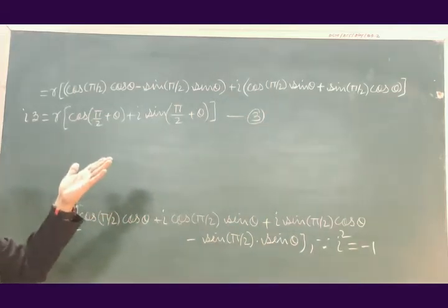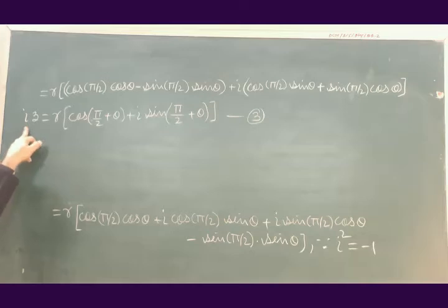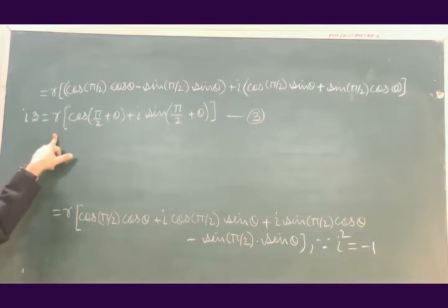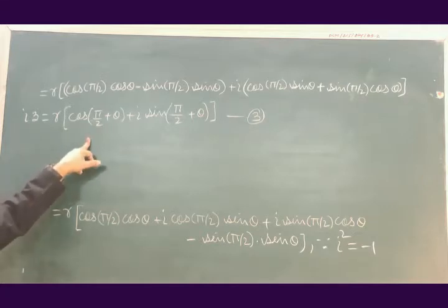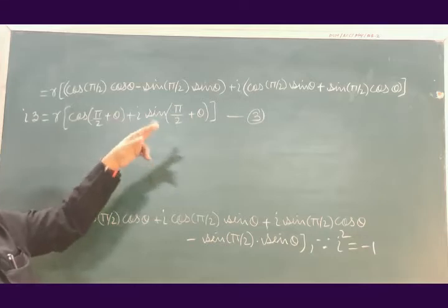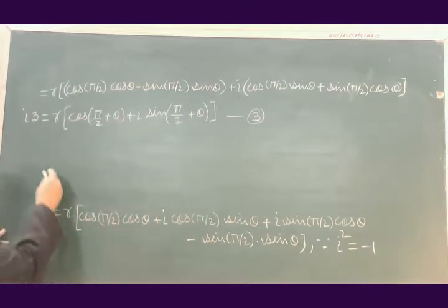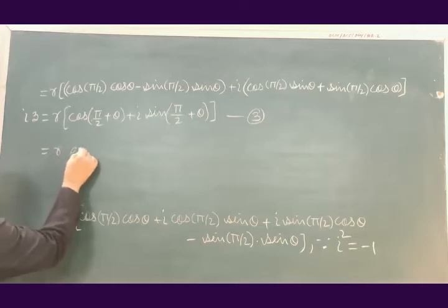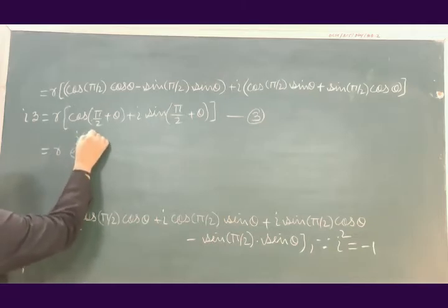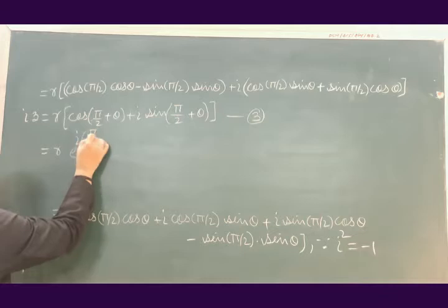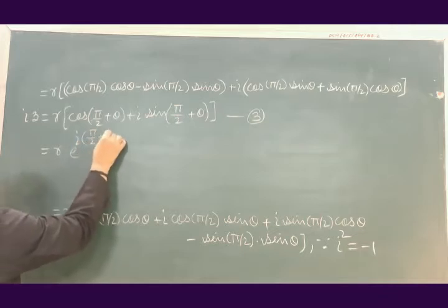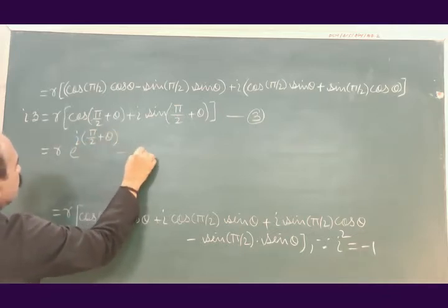This is the product of imaginary term i and the complex number z. And what is that? r into cos pi by 2 plus theta plus i sin pi by 2 plus theta, or this may be r into e to the power i pi by 2 plus theta.